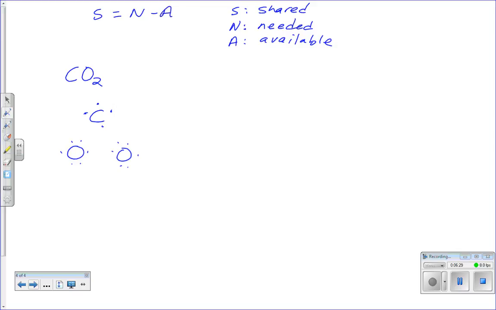Okay? So first, what you do is you identify a central atom. Central meaning the one that's in the middle. All right?